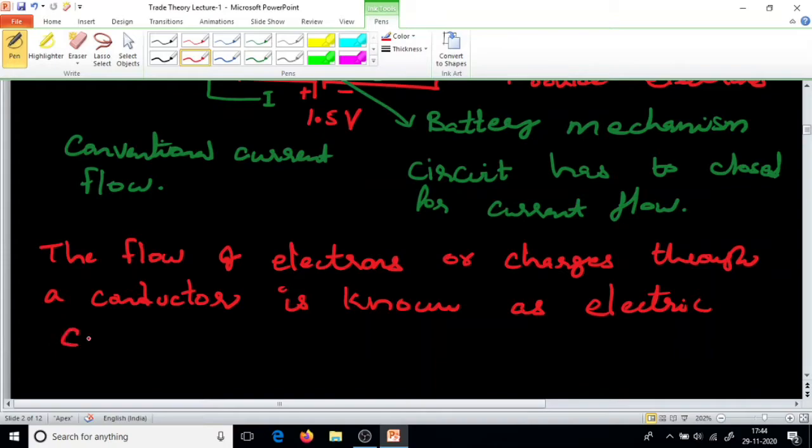When you hear the word electric current, it means that electrons are moving through a conductor. That's it.